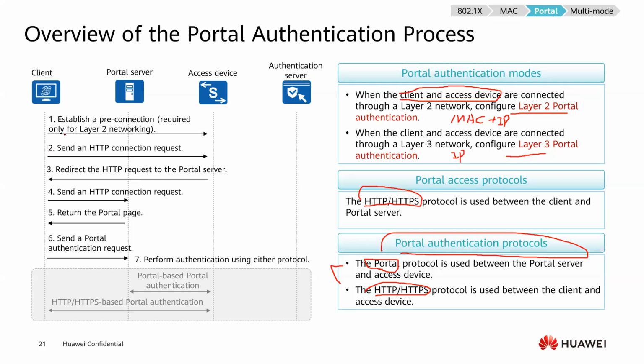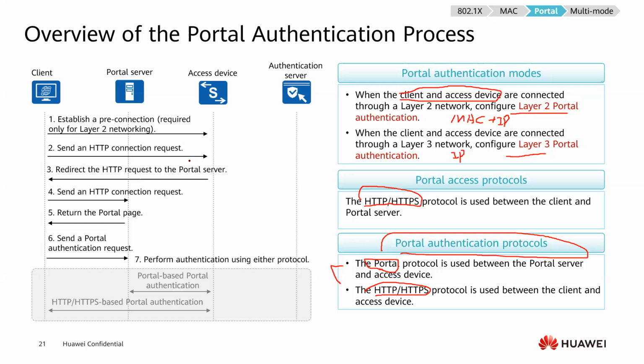First, we will introduce the process for the client to get to the authentication website. Before the authentication, the client needs to establish a pre-connection with the access devices. This pre-connection is only for layer 2 networking. For layer 3, there is no need for the client to establish the pre-connection. Then the client will send an HTTP request to establish the HTTP tunnel.